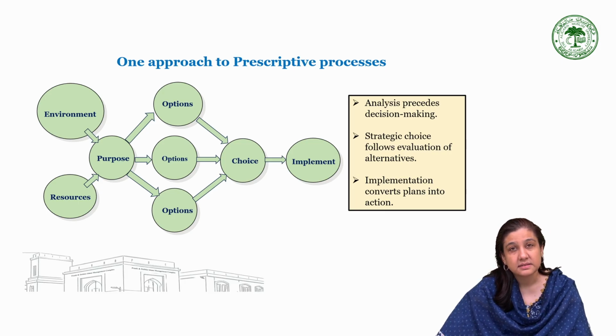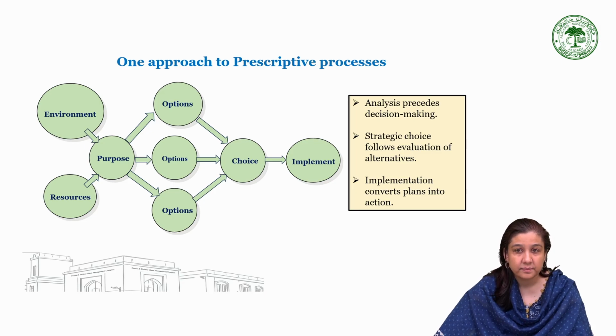About analysis, the managers study markets, competitors, customers, technology, economic conditions, and the organizational resources available to them. The purpose is to understand the current situation, and this is how they analyze the present resources or the situation.